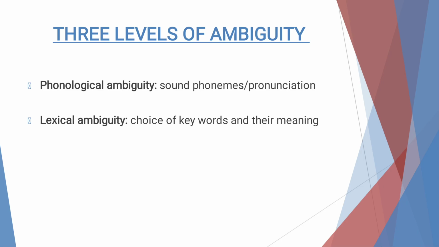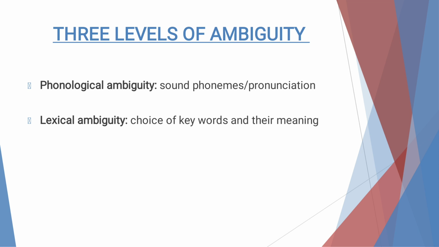The problem is with sound phonemes or pronunciation. There are some particular tribes who, when mentioning a particular word or alphabet, you see that there is a problem. It is inherent, it is natural. So that one is phonological ambiguity.